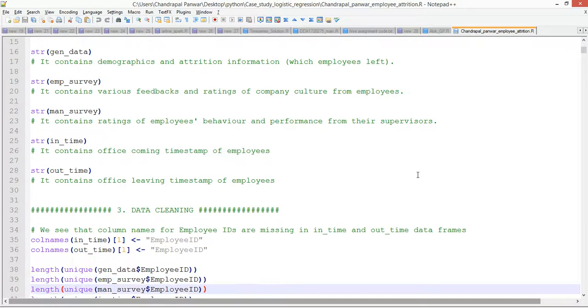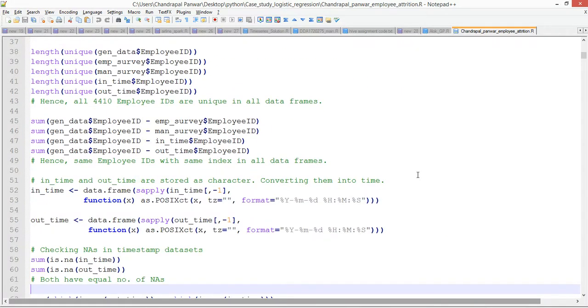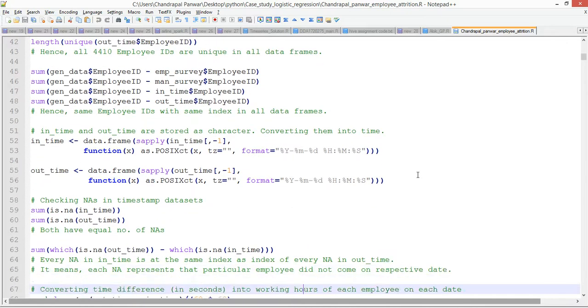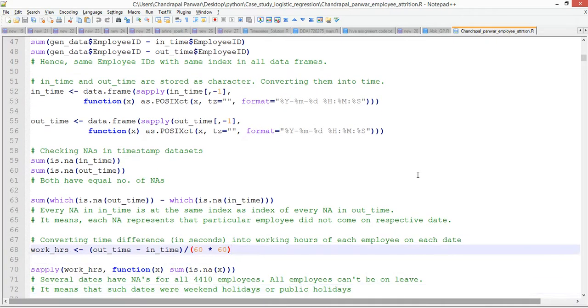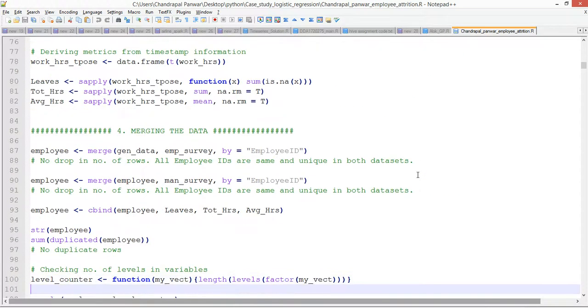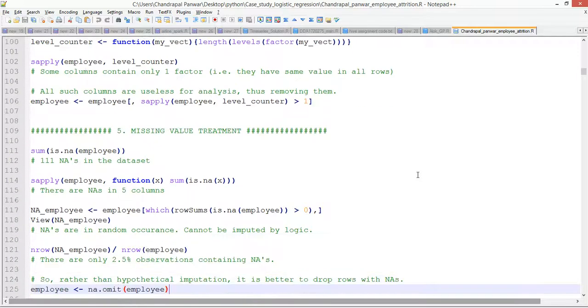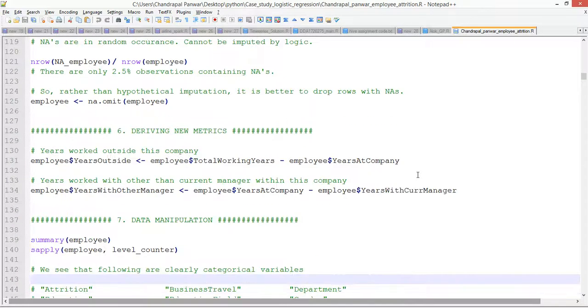We start with data understanding, and then we go into data cleaning. We remove the null values and the duplicate rows, and any rows having issues need to be replaced. Any mismatch or data issue is dealt with here. Then we merge the data sets to make a final one, and outlier treatment is done. If there's any particular value which is very high, that is removed.